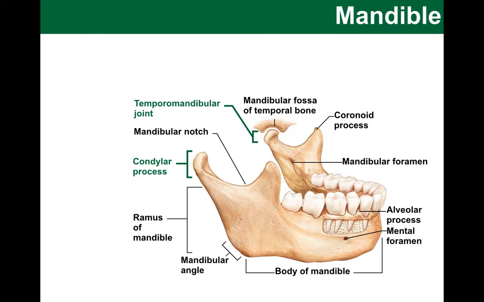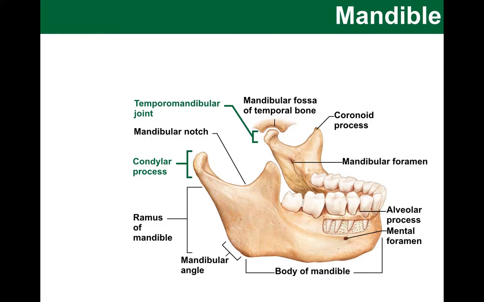And in fact, this is not a very good bony fit a lot of the time. So muscles largely contribute to the stability of this joint, and in some people like myself, the TM joint is naturally weak. And the jaw can even fall off from its socket. This is why I do not really eat anything where I have to take a big bite of the food, like hamburgers.